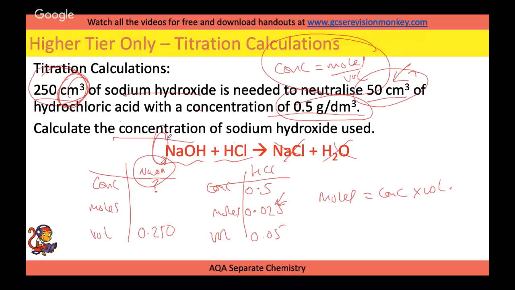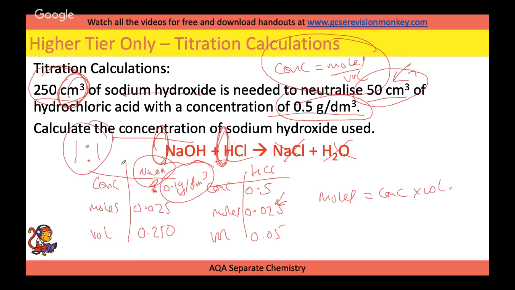That's where the ratio of moles becomes important. In this case, it just happens to be 1 to 1. So we put the same number of moles on this side, 0.025, and then use this equation, concentration equals moles divided by volume, to get us our concentration, which is 0.1 grams per decimetres cubed.